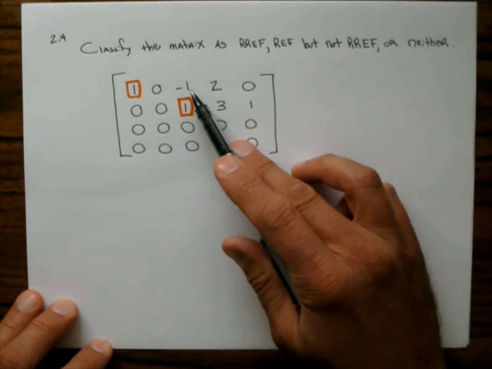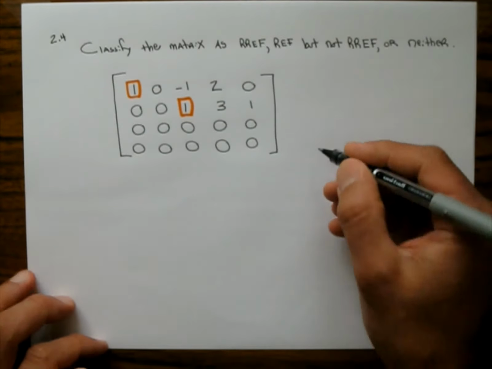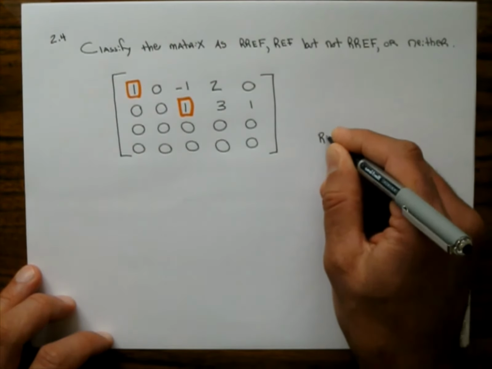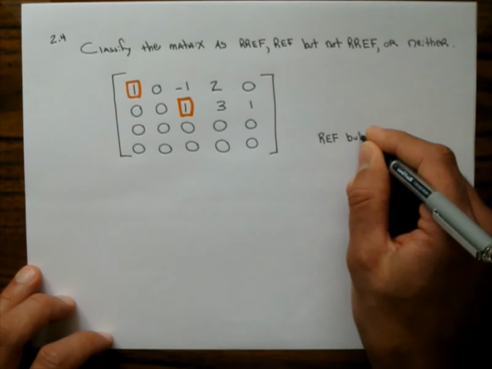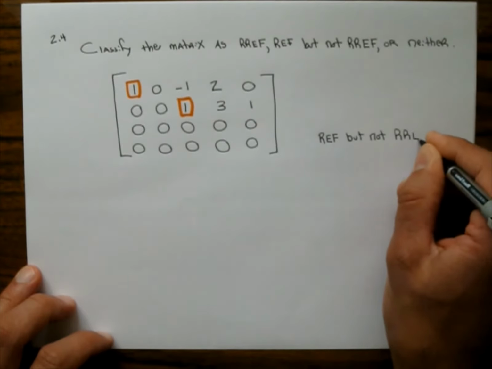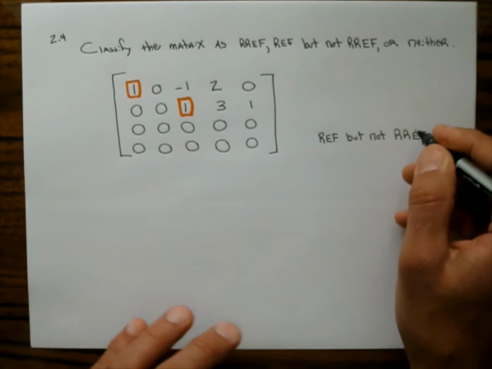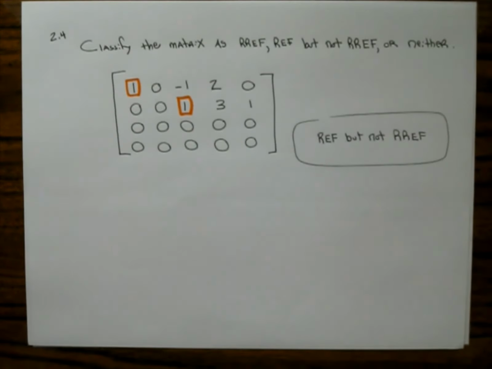So this is not reduced row echelon form. So if we're trying to classify this matrix, we say, well, it's the second one: REF, but not RREF. Okay, so that's what we were doing in 2.4.